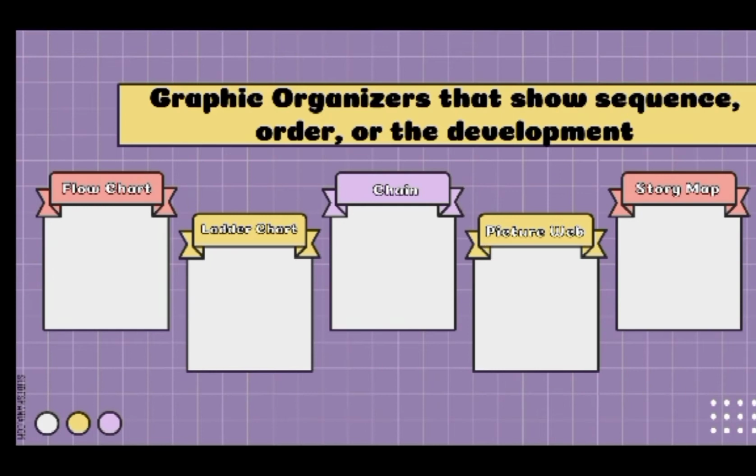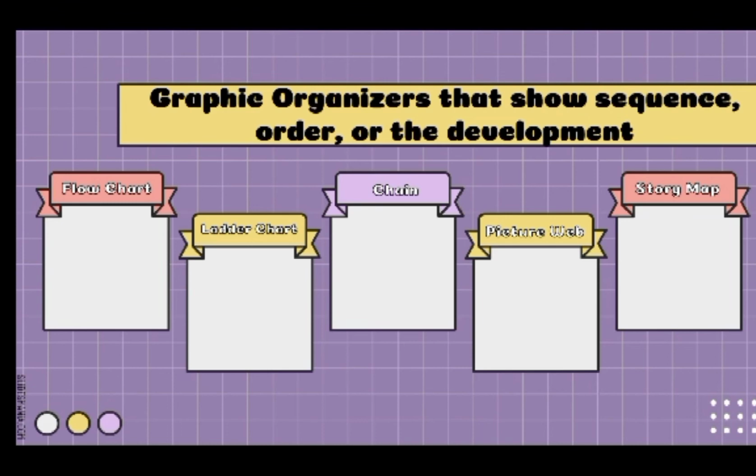Well, the last type of organizer is an organizer that shows sequence, order, or development. These types of organizers show listing, chronological events, orders, or maybe processes.